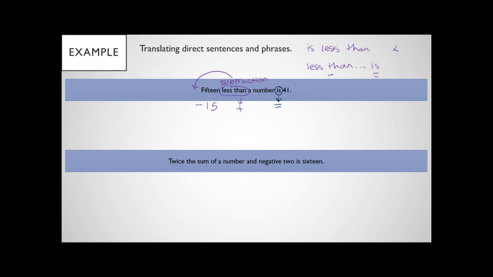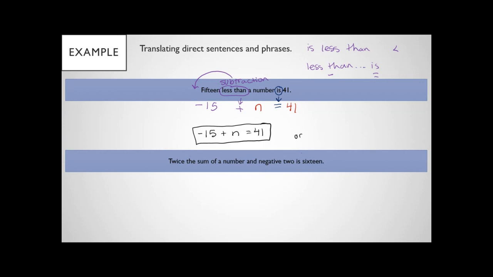I usually use n for numbers, so I'm going to write n right there. To the right of the equal sign, I have the number 41, so I just fill in 41. Once I've translated everything in this sentence, that is my final answer: negative 15 plus n equals 41.